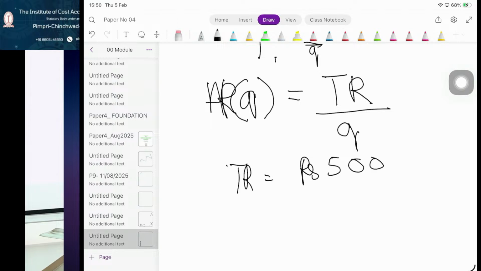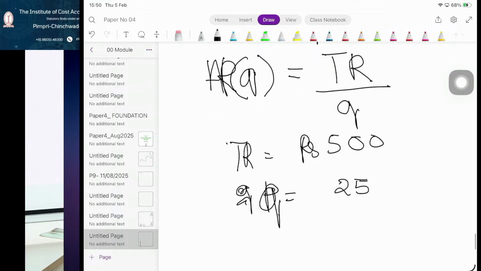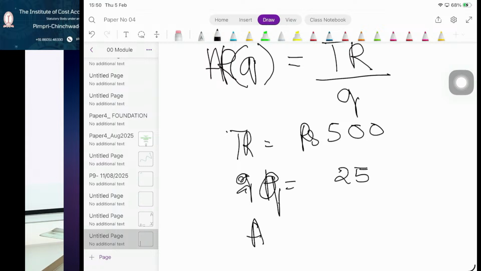Okay, and let me put Q is equal to 25. Q is equal to 25. Can you all calculate and tell me what would be the average revenue?